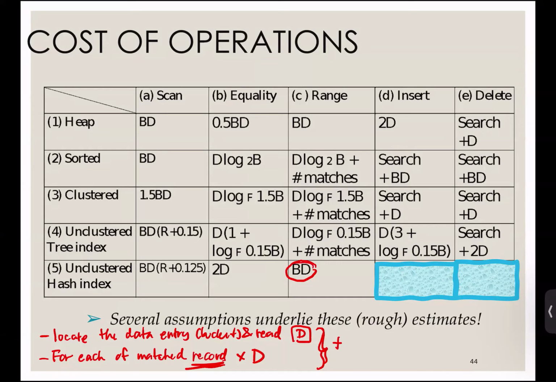So BD here is the cost that did not use the index structure at all. Actually, BD comes from here. Just scan the whole heap file.